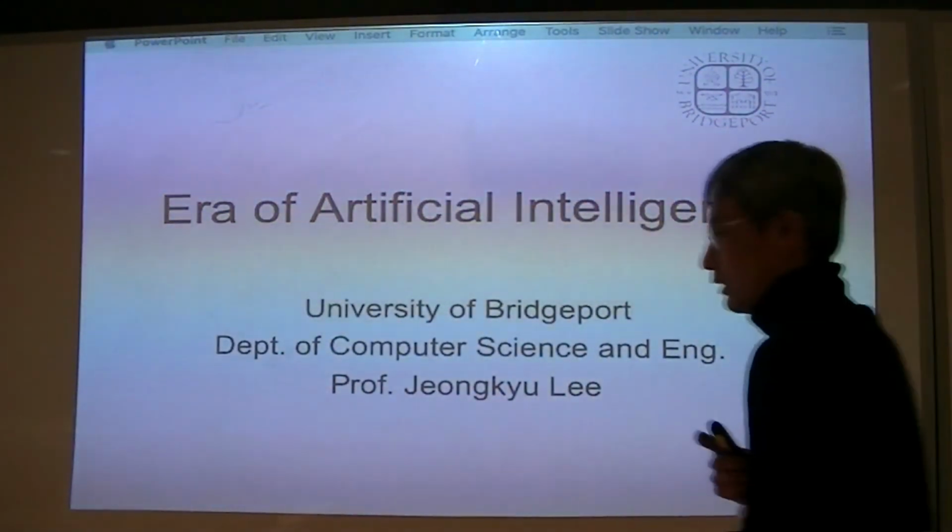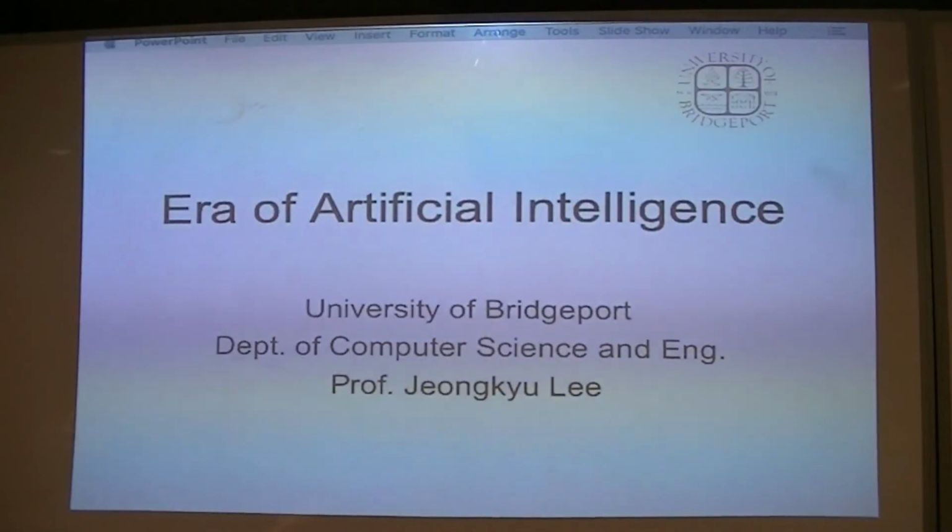So nowadays, as you know, everything is AI, right? Artificial intelligence is a trend, not only in the United States but worldwide. I watched the news from China. The Chinese government invests huge money, and they also decided to offer an AI course for elementary, middle school, and high school.